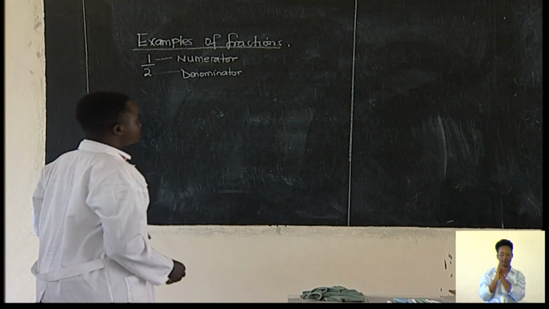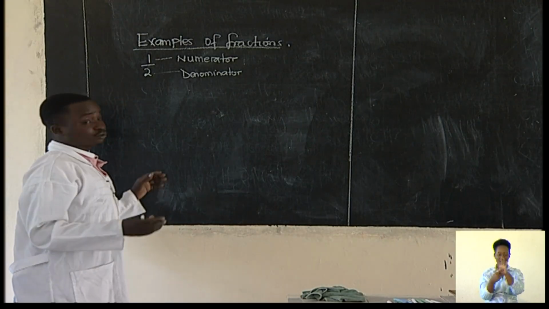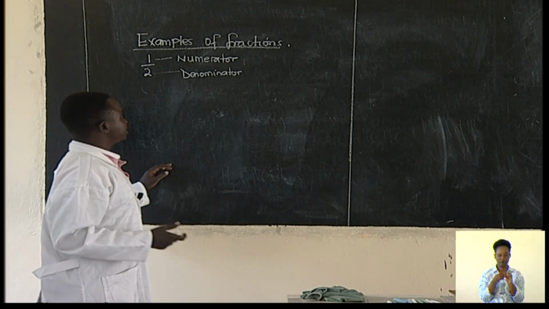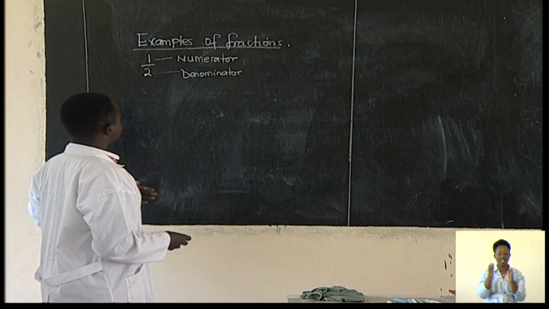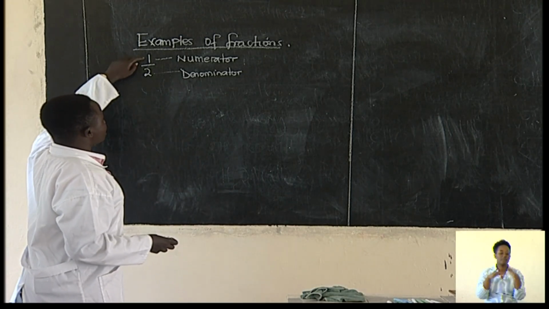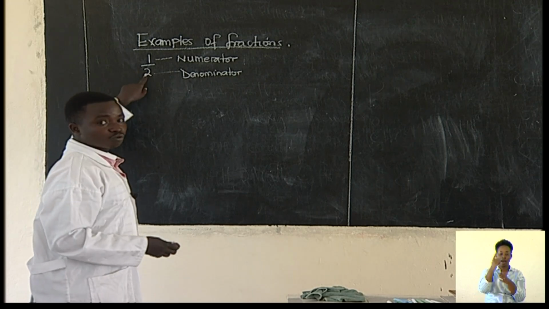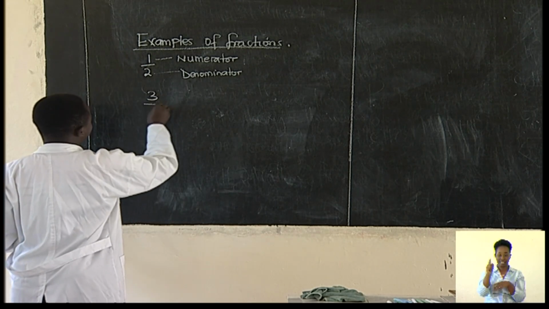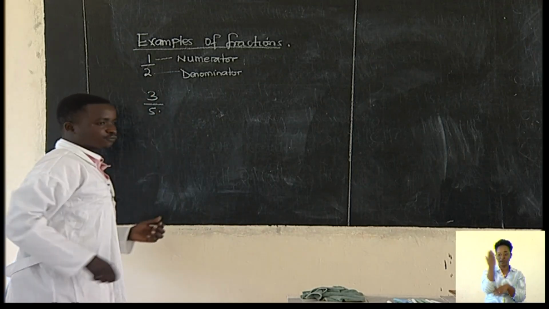A fraction shows the relationship between two variables or quantities. It is read as 1 over 2. Even you can have 3 out of 5. This is also a fraction.